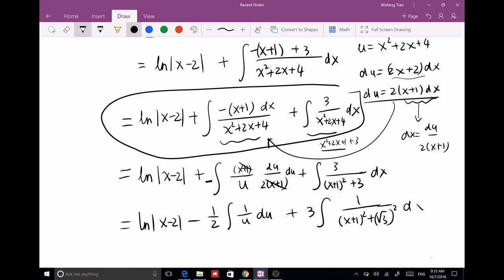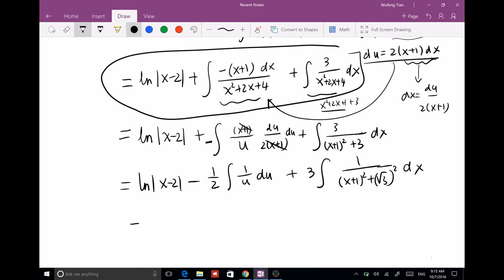And dx. Okay, so right here, I would like to ask Cindy to help me. What is the antiderivative here? Matthew, could you please help me with this one?